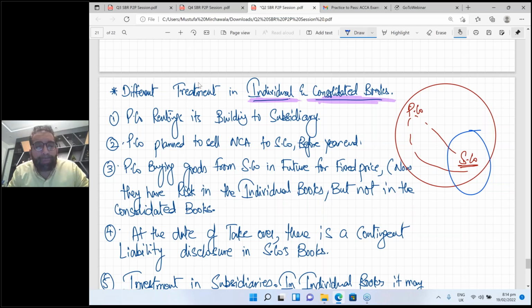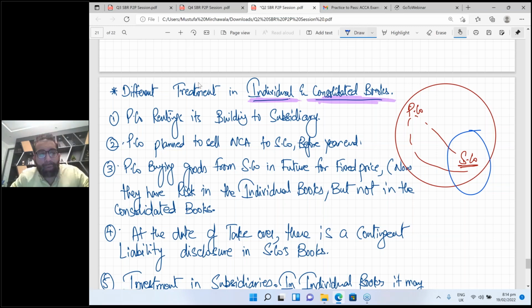But for the purpose of consolidation, whenever a parent company acquires any company with a contingent liability in its books, according to IFRS 3 there is a requirement to record this liability if its fair value can be measured. If the fair value of that liability is available, you need to record it as a fair value adjustment at the acquisition date.